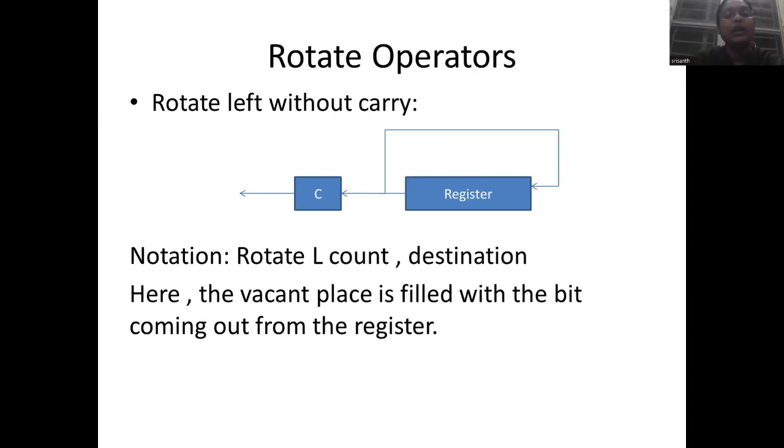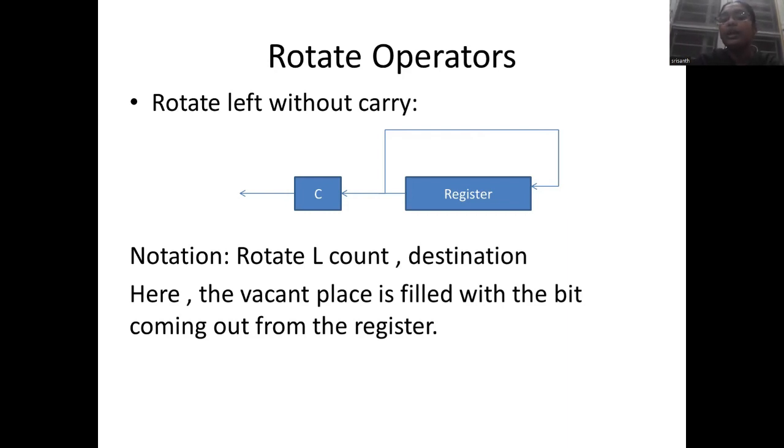Rotate left without carry. The notation of rotate left without carry is as follows. Here the data is stored in the register. When we move the data from the register to the carry bit, the nth place of the register becomes vacant. To fill this vacancy, as we have discussed, to prevent the data loss we use the rotate operators.